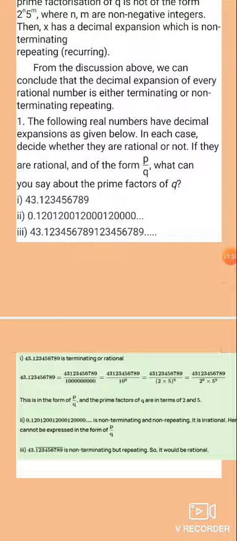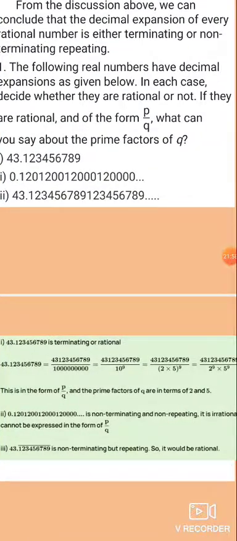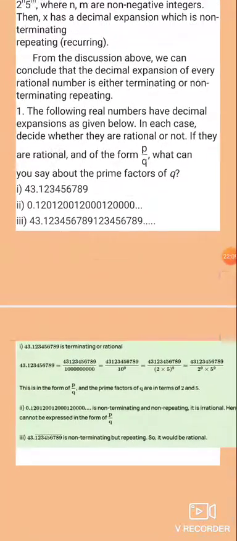That is, that number divided by 10 raised to 9. So 10 can be written as the powers of 2 and 5. So if the denominators are the powers of 2 and 5, they are terminating rational numbers. Now the conclusion: this is in the form p by q, and the prime factors of q are the powers of 2 and 5.